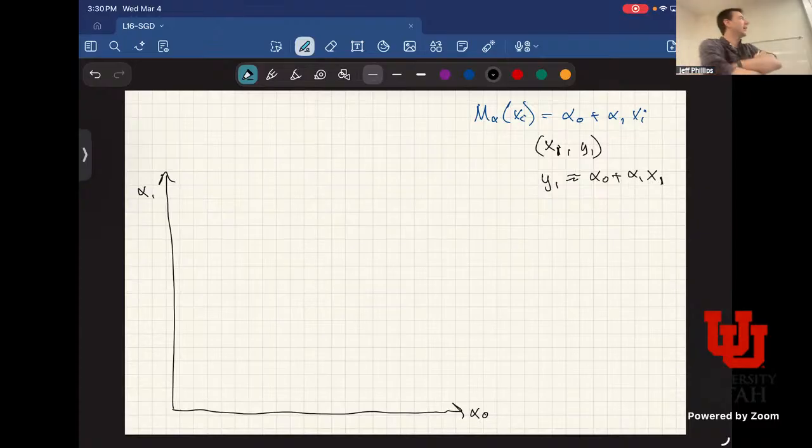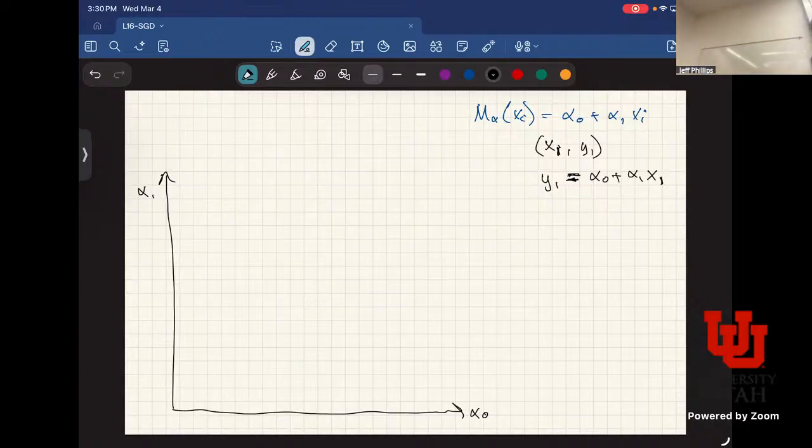I would like to have this property. If this equation is equal, then my error on this data point is going to be 0. It's going to have no error. So that means my model is going to equal the prediction.